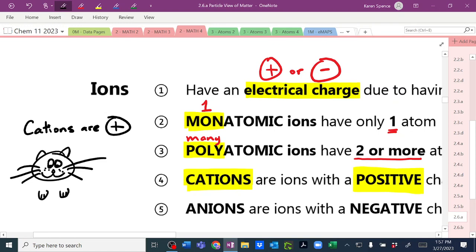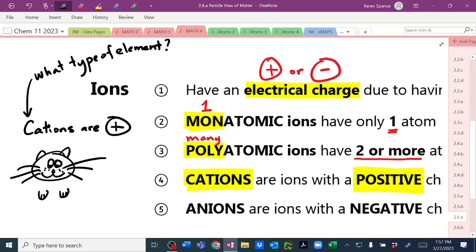What type of element forms cations? When I say type of element, what are the two main types of elements?